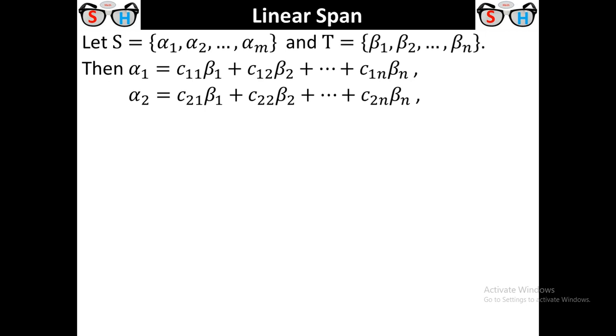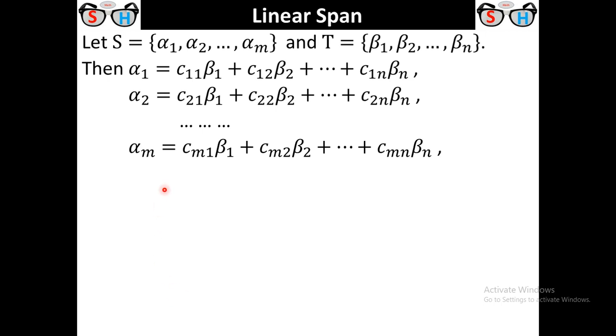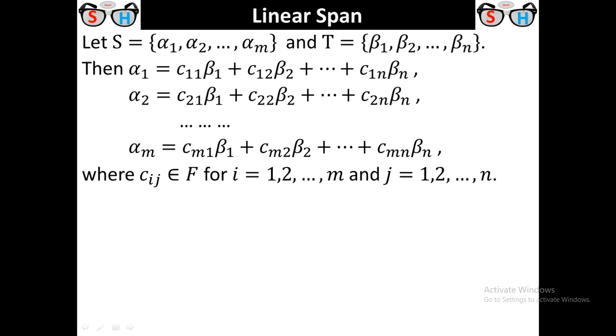Similarly, all the elements can be expressed as linear combinations of the elements of T. Finally, I write here alpha m equals cm1 beta 1 plus cm2 beta 2 plus dot dot cmn beta n. Here c11, c12, c1n, c21, c22, c2n, cm1, cm2, cmn, all the elements are scalars, that is, all belong to F, where cij is in F for i equal to 1 to m and j equal to 1 to n. Okay. Now we have to show that L(S) is a subset of L(T).